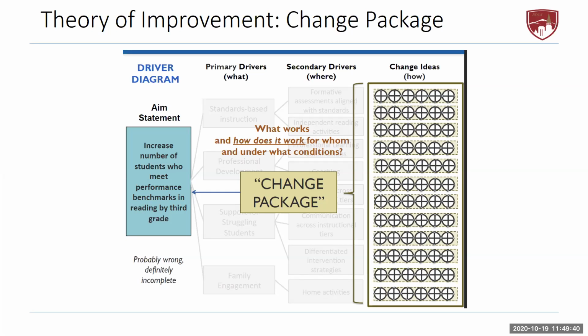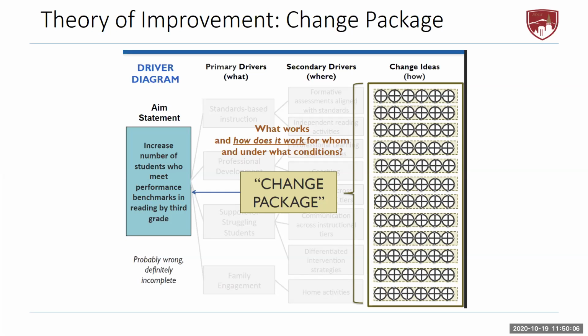And then you eliminate change ideas that aren't working. They might not work because you might not have identified the right drivers, or they just weren't right for your context, or you might need to adapt them and try again with some slight tweaks till you get to something that you're able to measure and recognize as working.